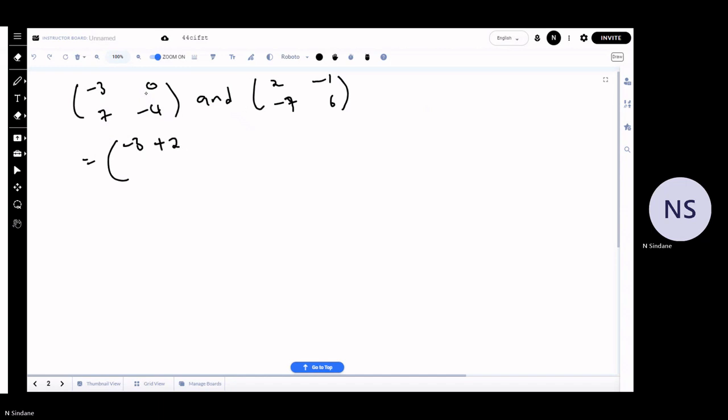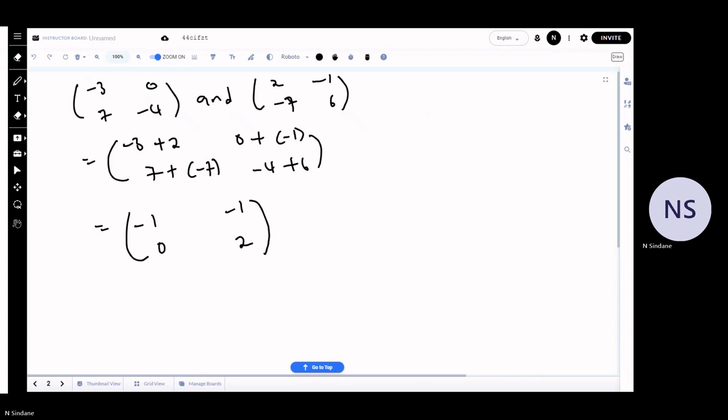Row 1, column 2, I have 0 plus -1. Then row 2, column 1, I have 7 plus -7. Then -4 plus 6. This gives me -1, -1, 0 and 2. That is my solution for adding that.